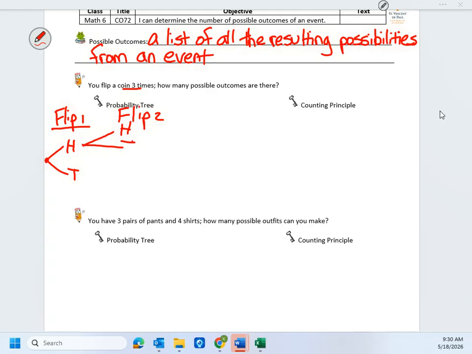What if I flipped a tails the first time? Now I want to flip my coin again. What are my possible outcomes for my second flip? Rhoda? Heads. And? Tails. Yeah. Now I need to do my third flip.